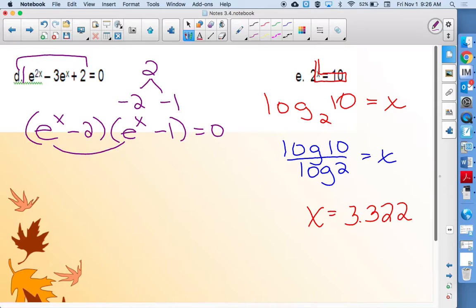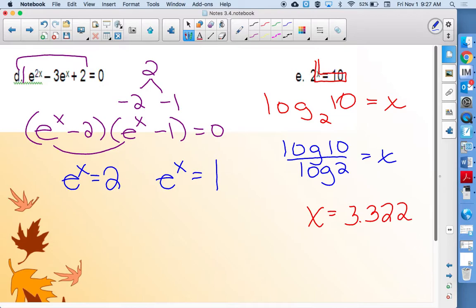And 1 times 1 is 1. Negative 2 times negative 1 is positive 2. So solving both of these, e to the x equals 2, e to the x equals 1.